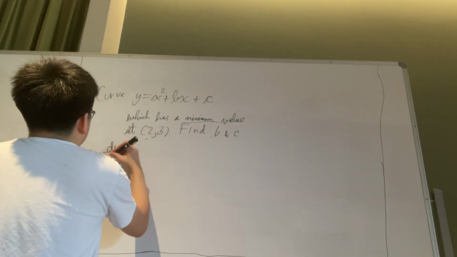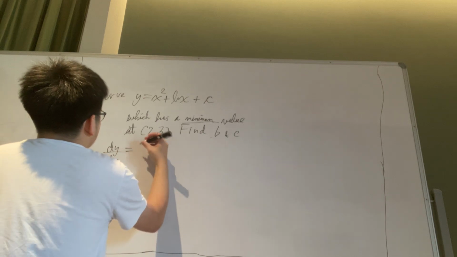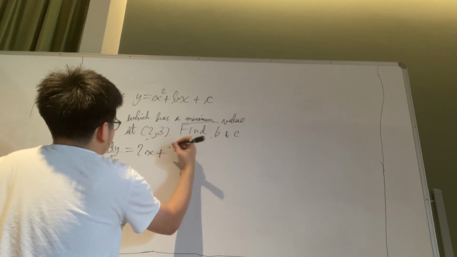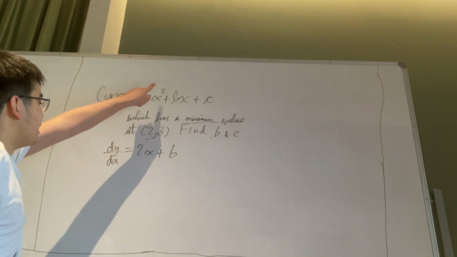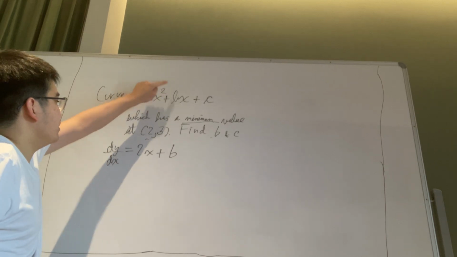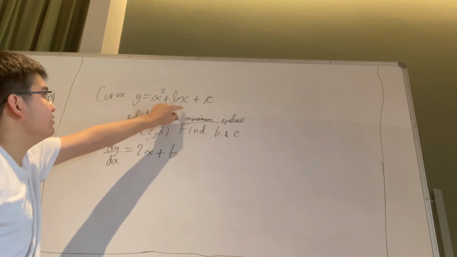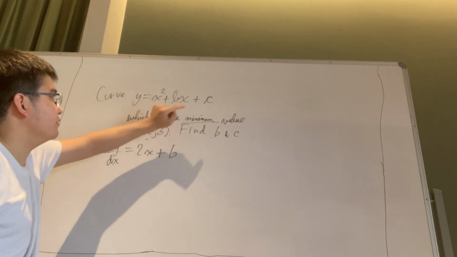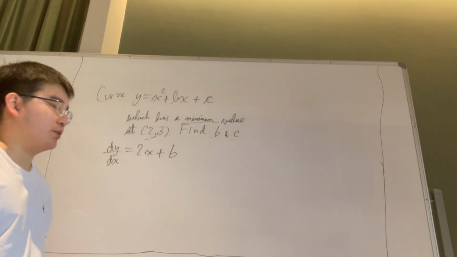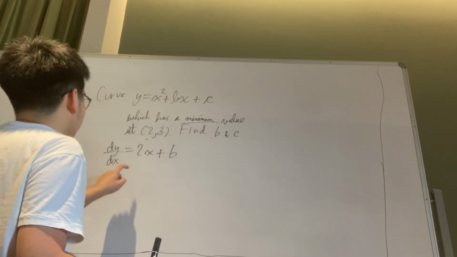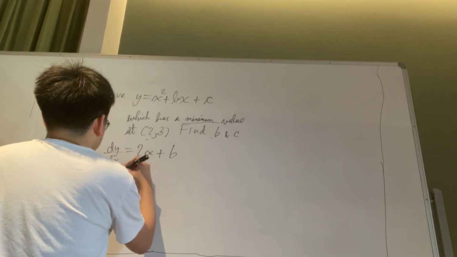dy/dx equals 2x plus b. I do the power rule on the x squared: the 2 comes down, minus 1, and I get 2x here. bx is a linear term, so when I take its derivative, you only get the coefficient left. The derivative of a constant is 0, it gets cancelled completely. So you just have this, and then you set it equal to 0.